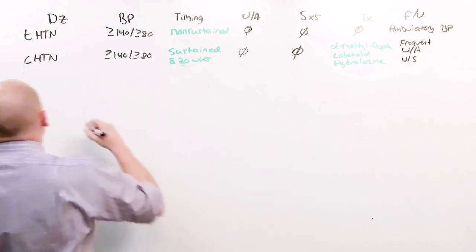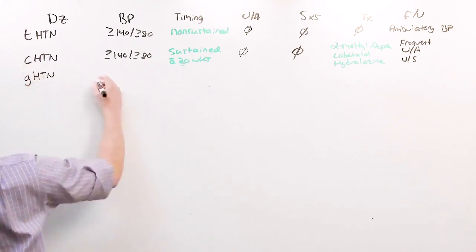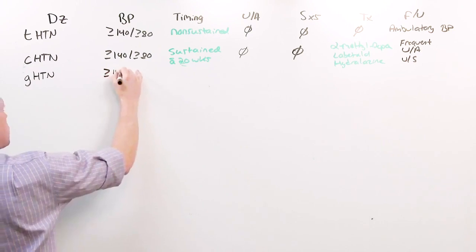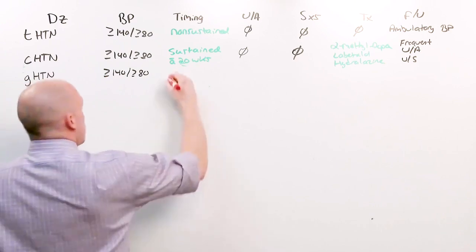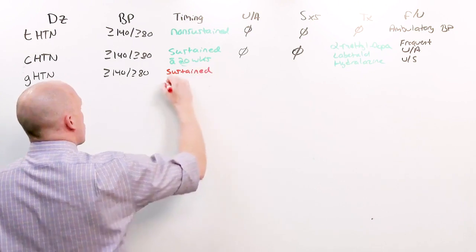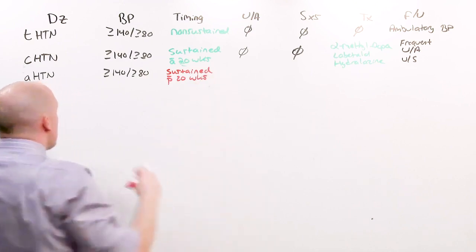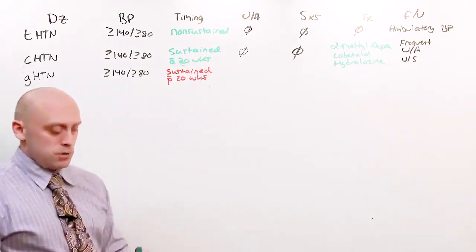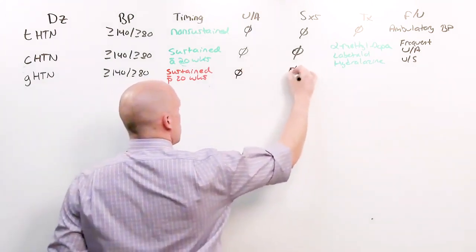The other disease that is benign, which you don't know it at the time that it happens, is gestational hypertension. You are still going to have the 140/80, but it is going to be sustained, but it is going to occur after 20 weeks. But if she has gestational hypertension, she will have no changes on her urinalysis and will not have any alarm symptoms.